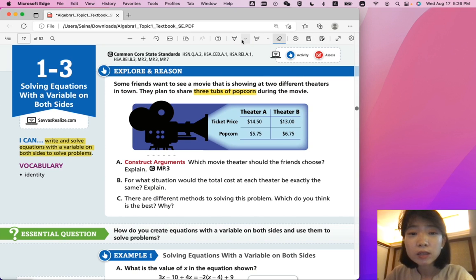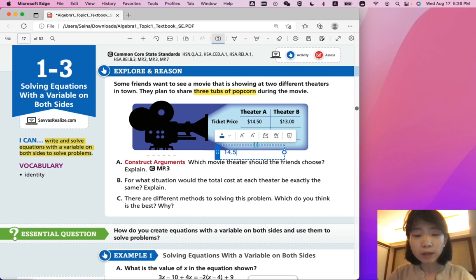Wait, let's go this way. For theater A, if we multiply 3 popcorns, what should we get? We get 14.5 plus 3 times 5.75.